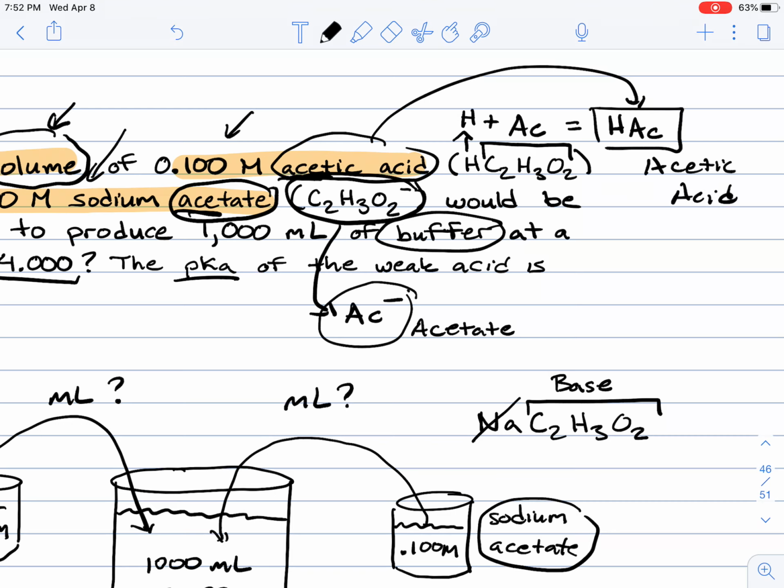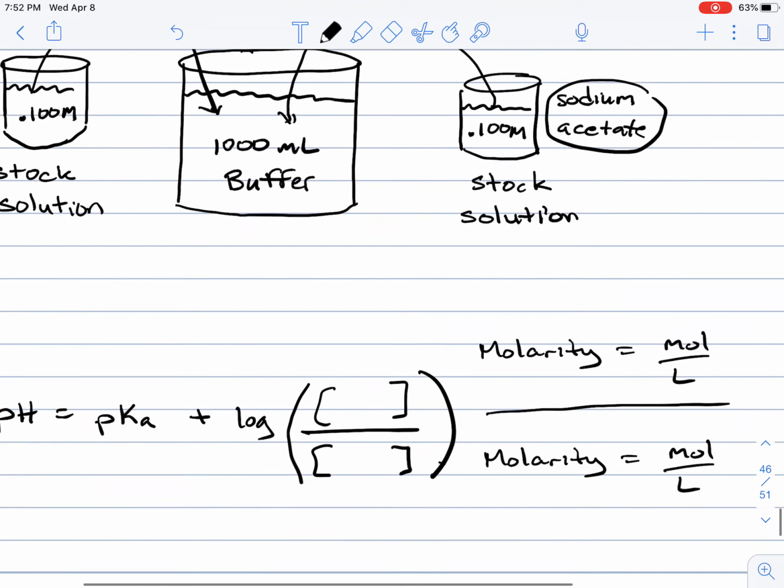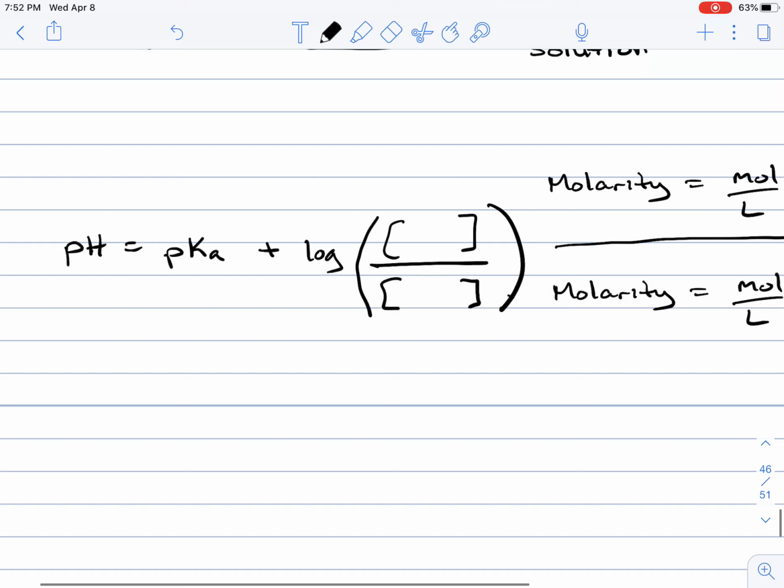I'm going to use these abbreviations for my Henderson-Hasselbalch equation. Since the equation has the conjugate base at the very top, the numerator, I'm going to represent that as AC minus. And the denominator is going to be HAC, or acetic acid.